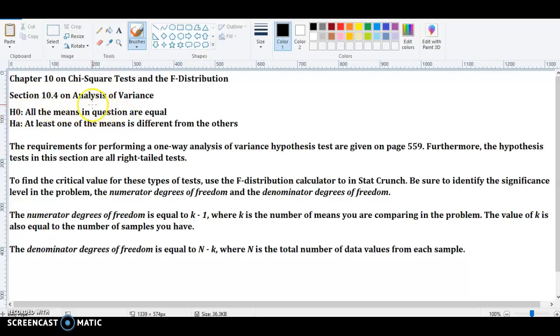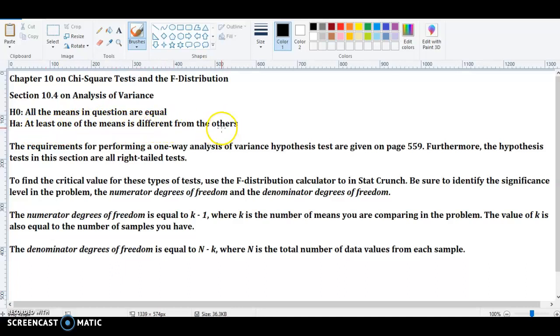Remember, in a one-way analysis of variance, you are comparing three or more population means. In the null hypothesis, you assume that all the means you are comparing are the same. Then in the alternative hypothesis, it will be that at least one of the means is different from the others.